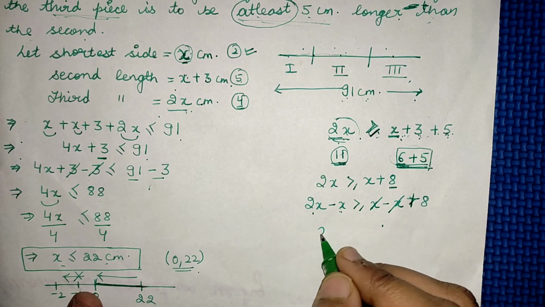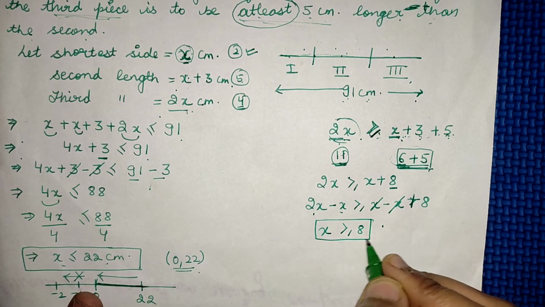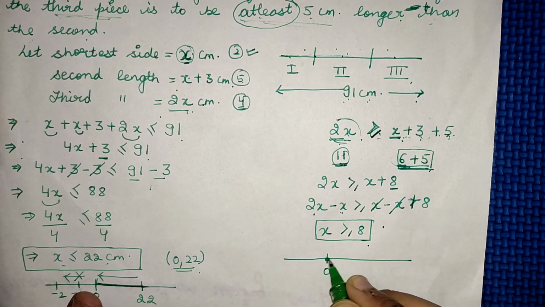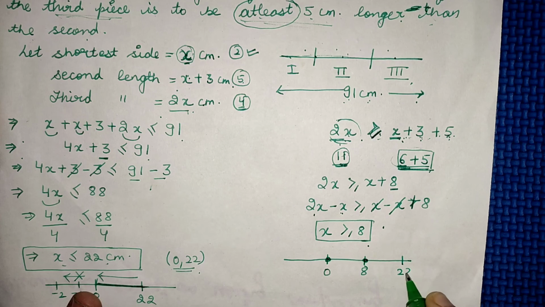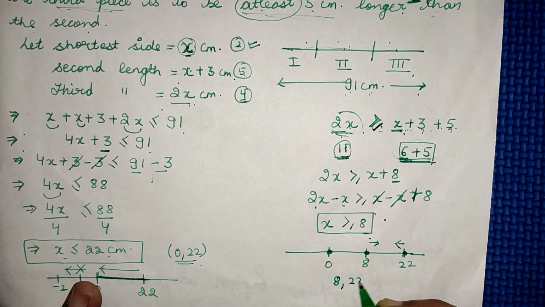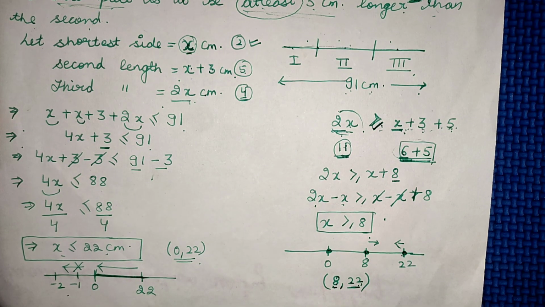So 2x minus x will give me x, and x should be greater than or equal to 8. So one solution is saying it should be greater than 8, and my second solution is saying it should be less than 22. So what are the possible values? My answer is that the length of the shortest side should be between 8 and 22.